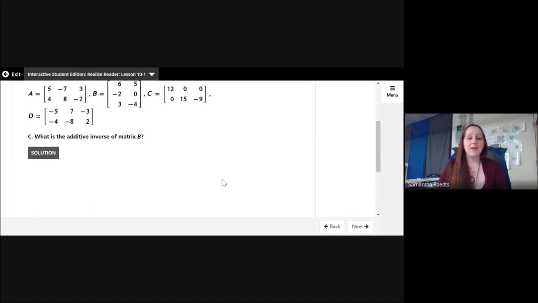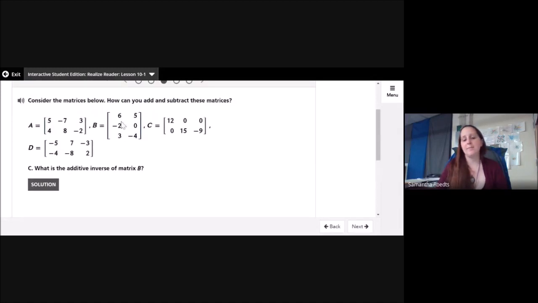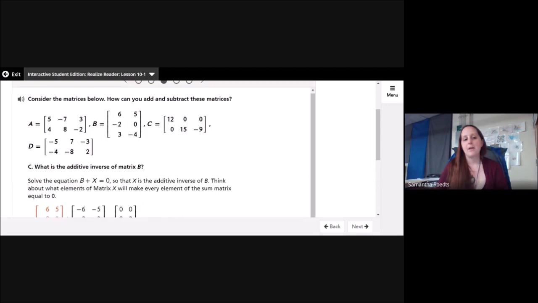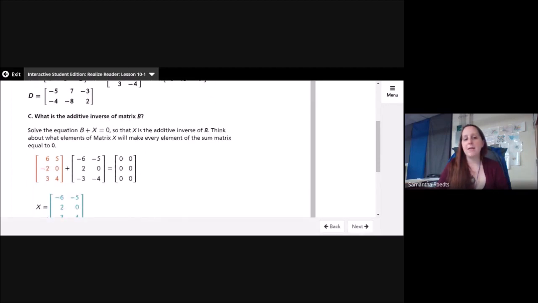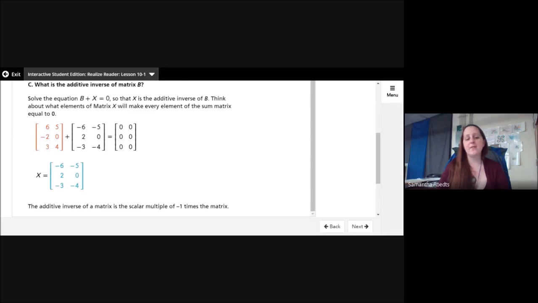What is the additive inverse of matrix B? I solved the equation B plus X equals 0 so that X is the additive inverse of B. Think about what elements of matrix X will make every element of the sum matrix equal to 0. Here's my original matrix: 6, 5, negative 2, 0, 3, and 4. What plus 6 gives me 0? 6 plus negative 6 does. 5 plus what gives you 0?